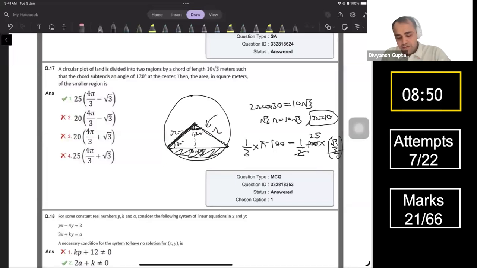This will give you 25, and if you take 25 common, you will be left with 25 times 4 pi by 3 minus root 3. That's your first option.